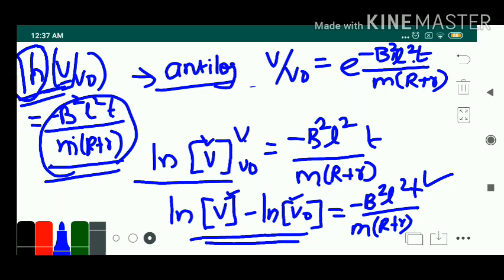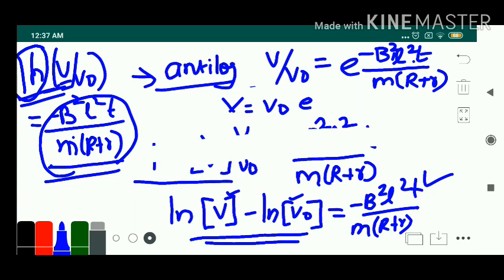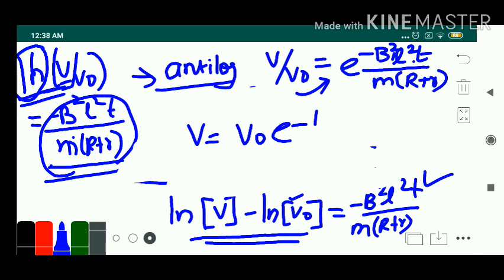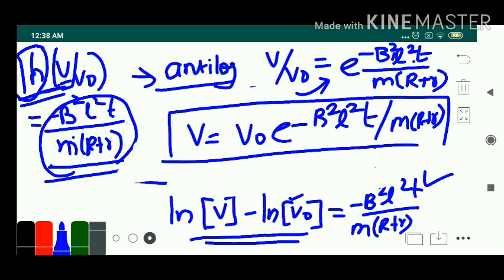Then v will be equal to v naught into, let's rewrite it fully: v is equal to v naught e raised to minus b squared l squared t divided by m into r plus r. This is the equation for velocity of the rod as a function of time.